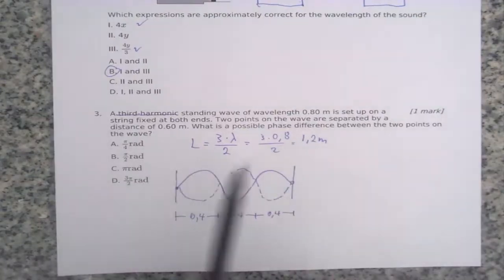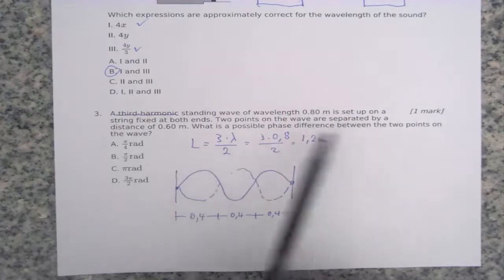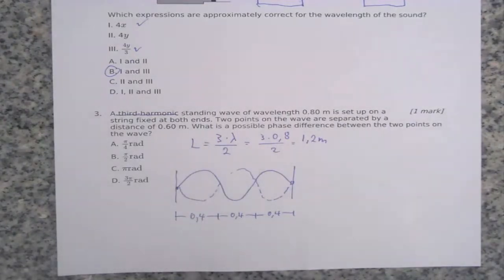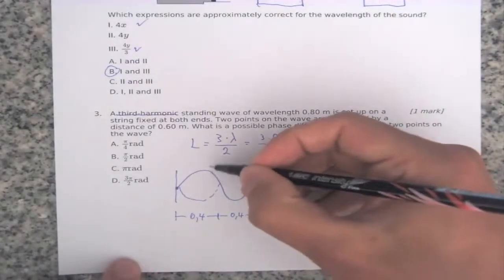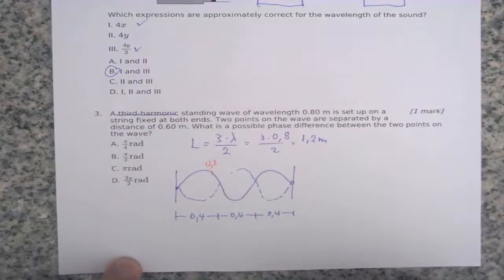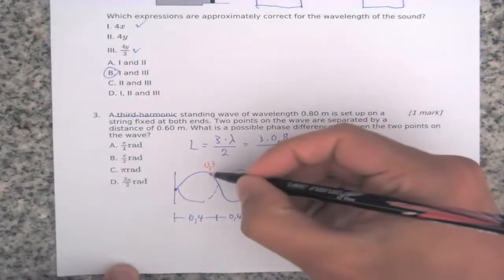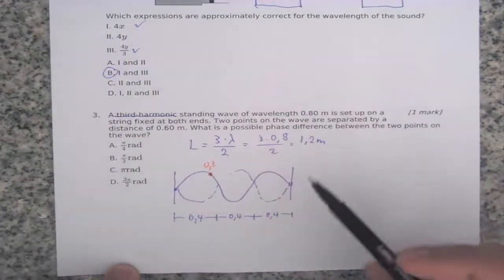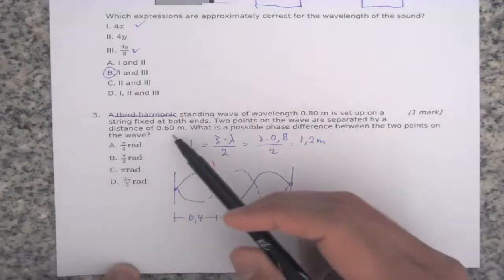And now we need to check 2 different points that are separated by a distance of 0.6. So what we can do here is take different situations. Let's say that we take the first one at 0.3 here. So this is your first. And then the next point needs to be separated by 0.6 meters.